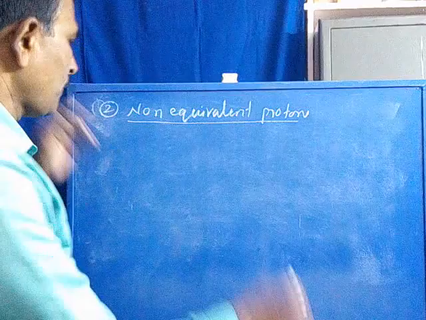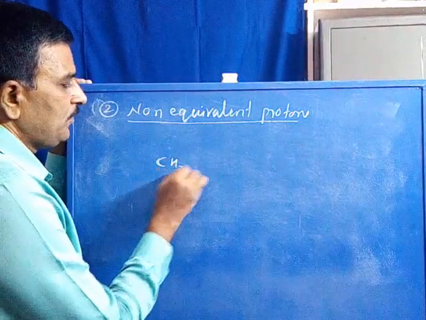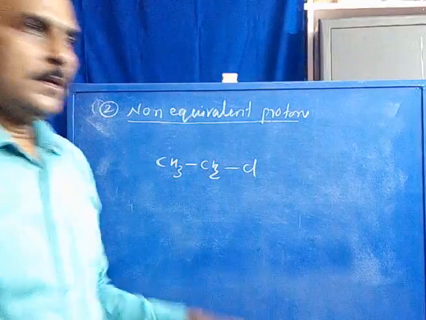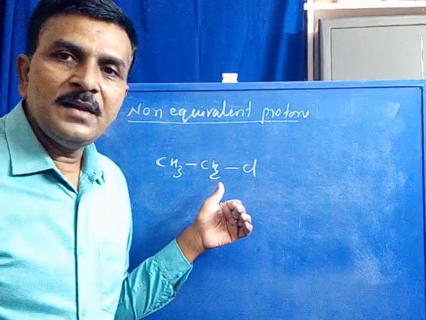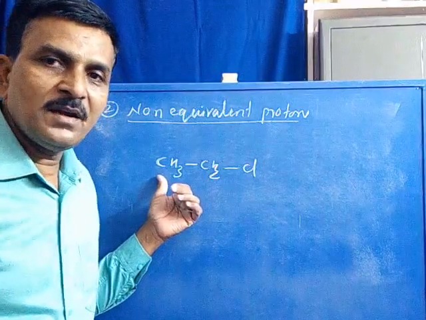For example, CH3CH2Cl. Now, the electron density of CH2 protons and CH3 protons are different.